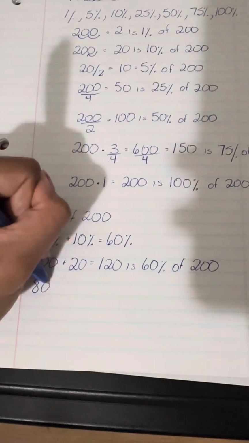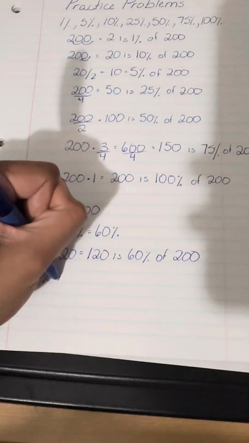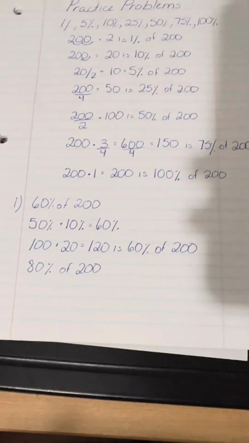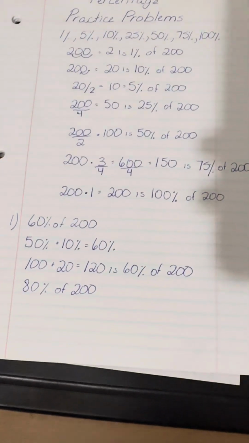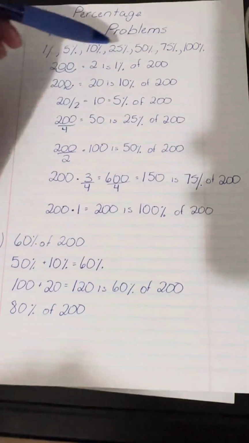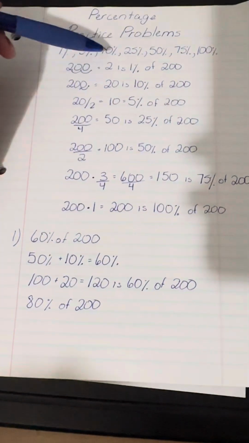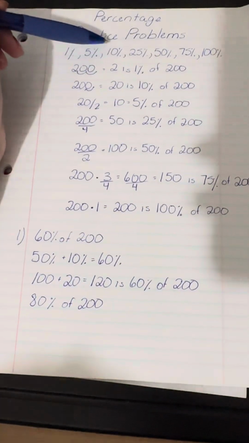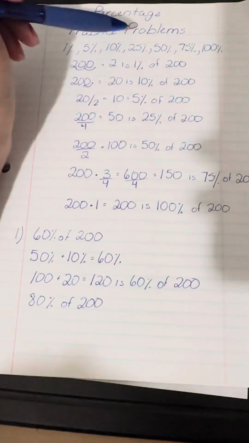Let's do 80 next. Let's do 80% of 200. And we have, let's see, out of these percentages, which numbers can we add up to get 80%? We can do 75% and we can do 5%, right?